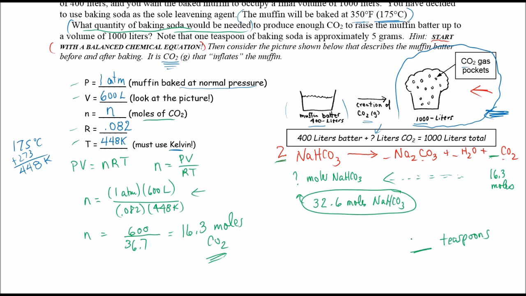So my answer was 548 teaspoons. So see whether you can get something close to that using your periodic table and your best stoichiometry skills. And then enjoy thinking about that giant muffin. How tasty would it be to have a huge 1,000-liter muffin?